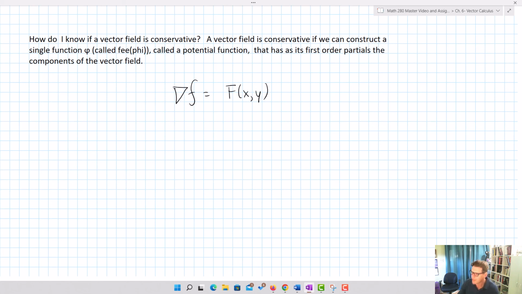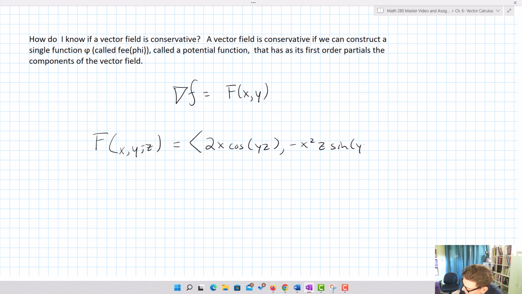So let's take, for example, f of x, y, z equals 2x cosine yz, negative x squared z sine yz, plus 2yz squared and then y squared, okay?